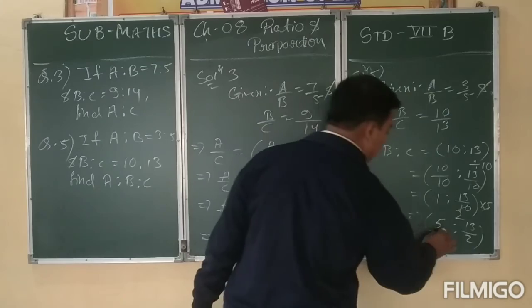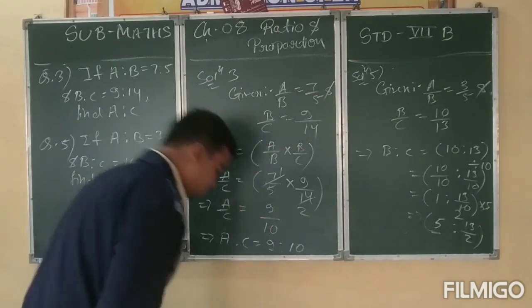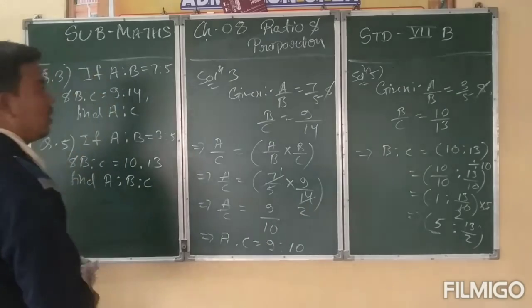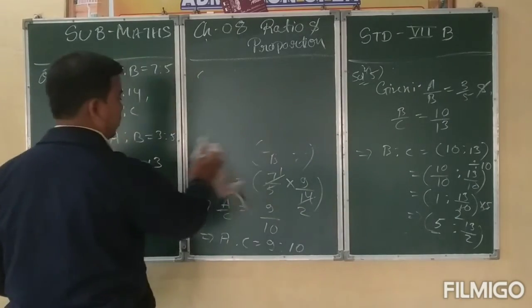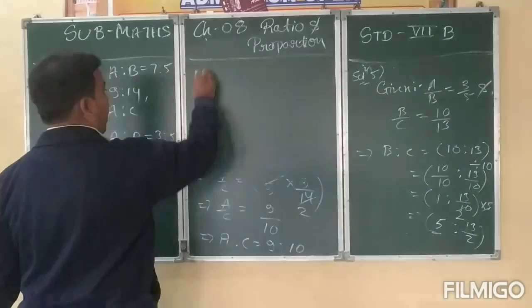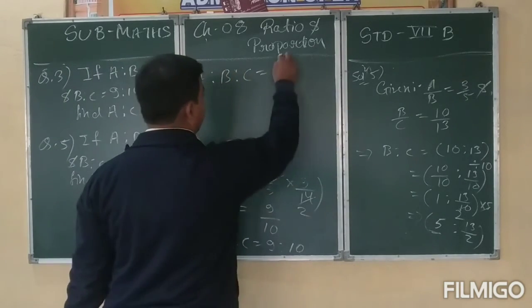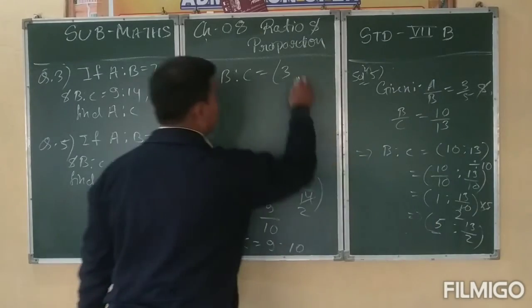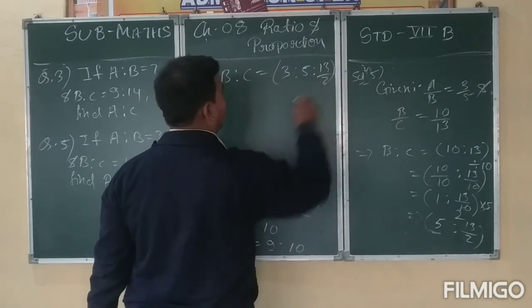Now B value is constant, 5. So B value is constant 5. So A ratio B ratio C means A is 3, B is 5, ratio 13 by 2.